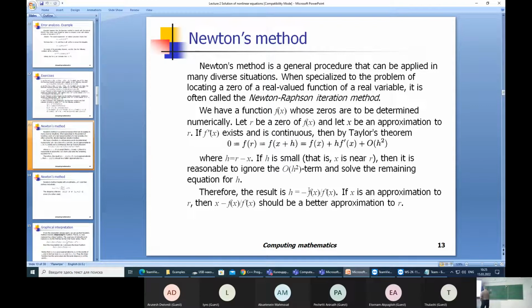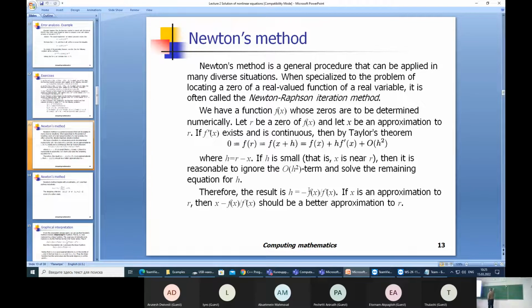Again, suppose that this is the interval and this is the point x. X we take as approximation to the root. And this is the root, R, unknown root. I use the same notation for root. And this is the point x. And let's consider the difference between root and x as some step h.